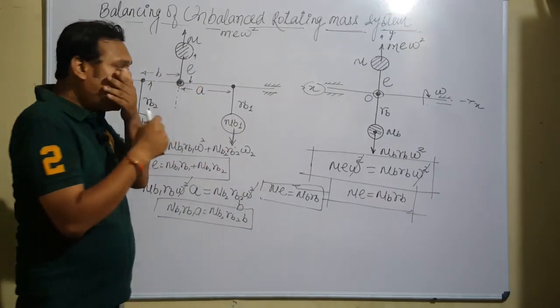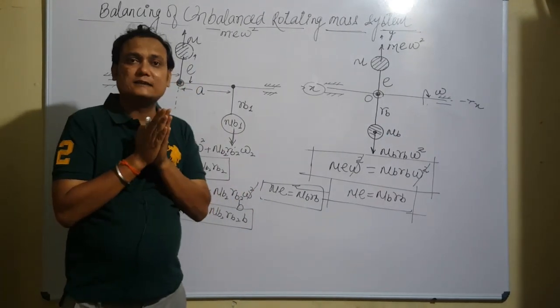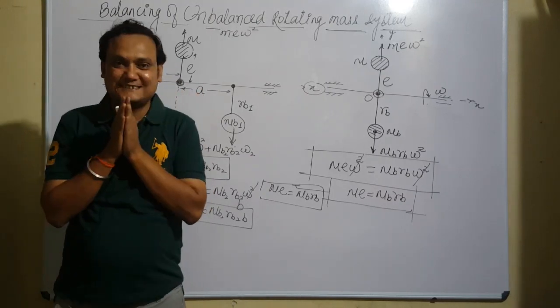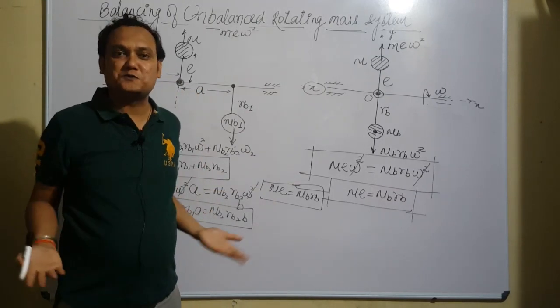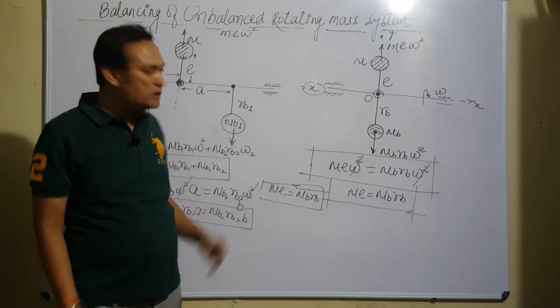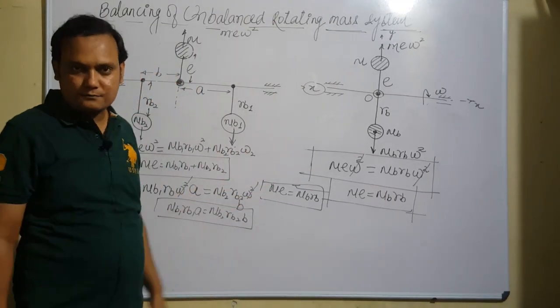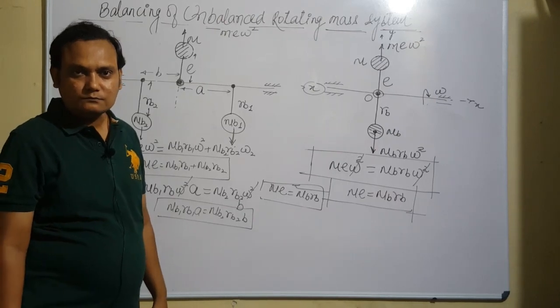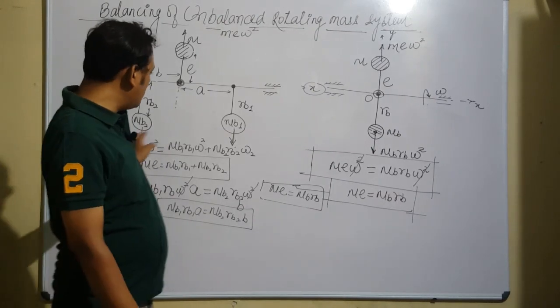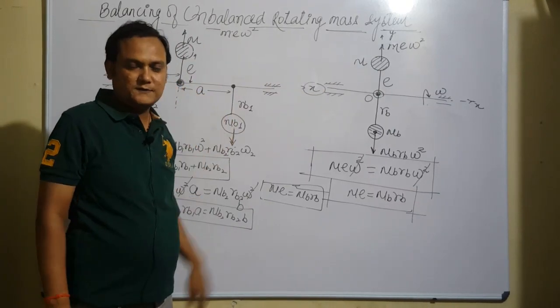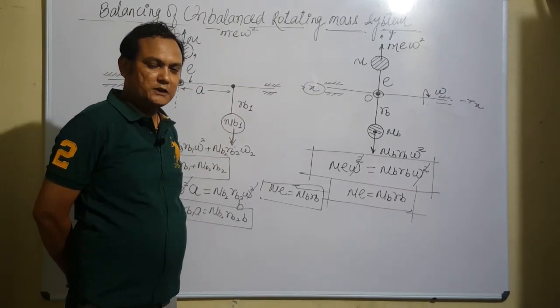Then one question here: which method is better? Which one will you choose? Both are ensuring the system is statically as well as dynamically balanced. Some people will say, it is complicated to attach two masses, the single one is better. That is not how answers work in science. You are students of science.